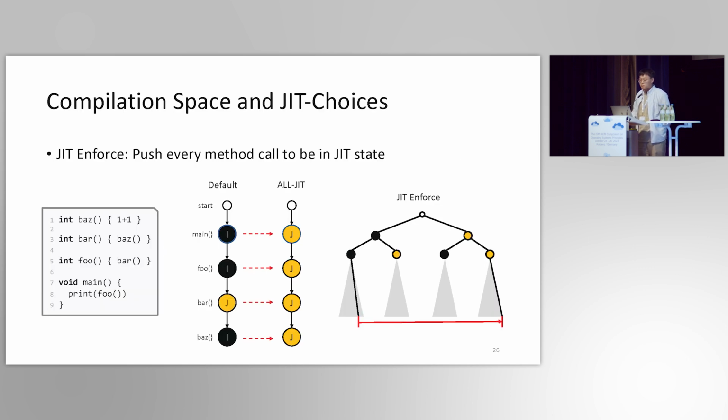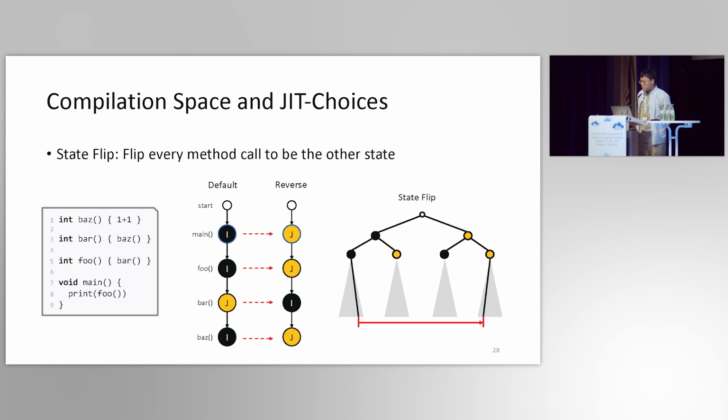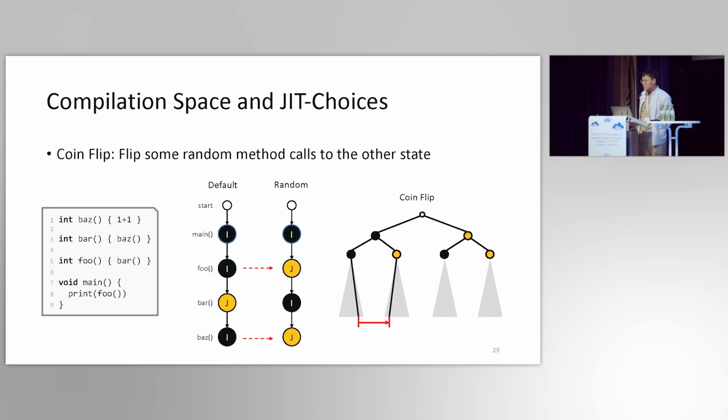Actually, there are a whole lot of things that we can do. If we get the default choice of a program, we can push every method call to the J state, which pushes the choice to the rightmost in the space. We can also pull every method call to the I state, to the leftmost. We can also flip the state of every method call, or randomly flip the state of some method calls.